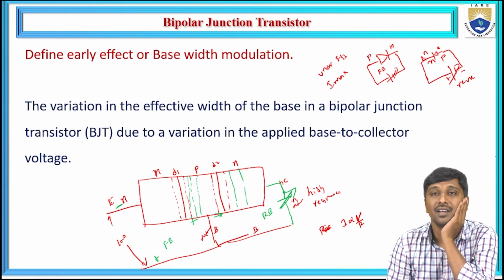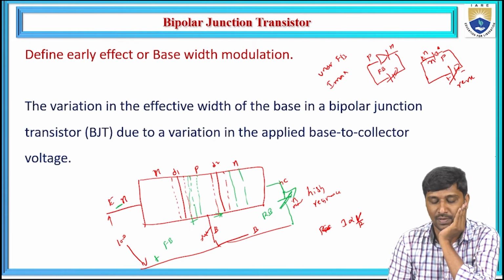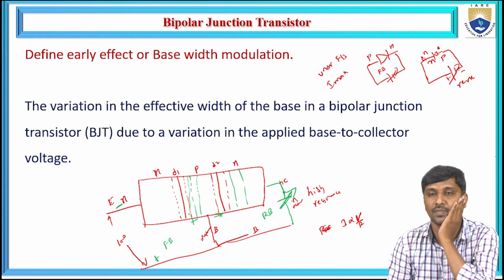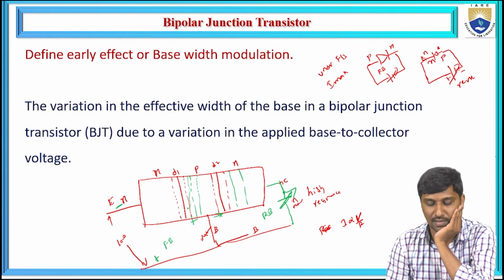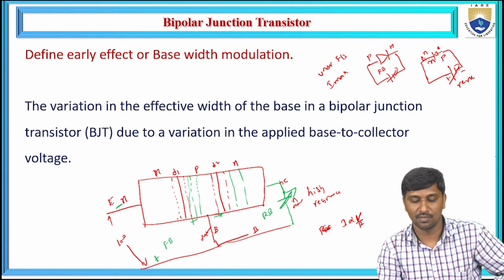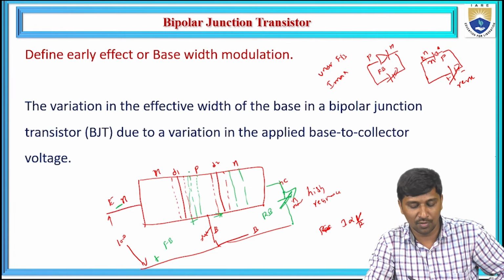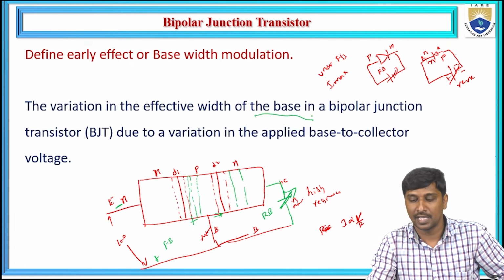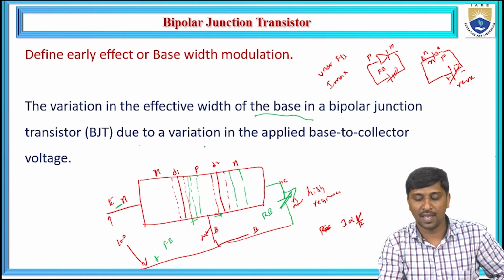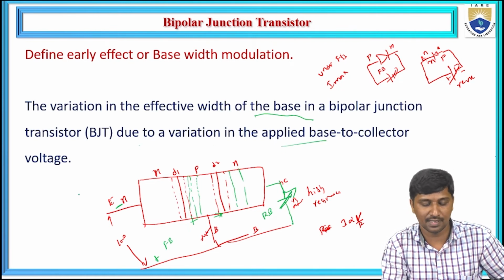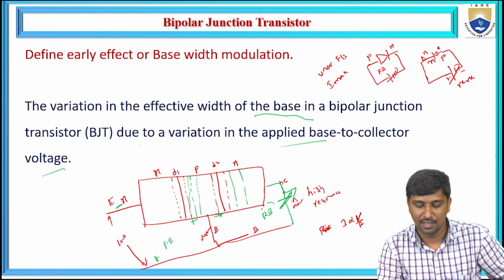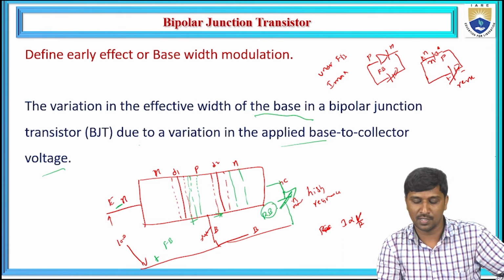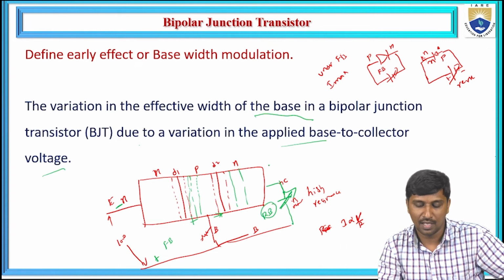That type of concept is called base width modulation. So the effective width changes. The effective width of the base in a bipolar junction transistor varies due to a variation in the applied base collector voltage.